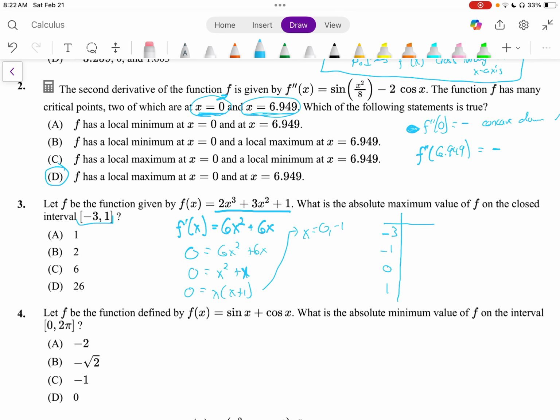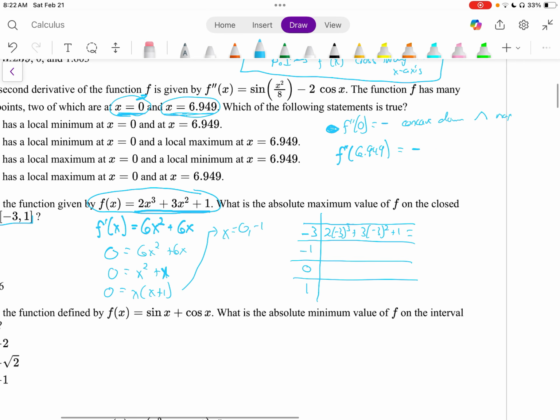We're going to put each of those numbers into our original function to find out what the absolute maximum is. This is not a calculator question, so we have to plug into the original function. Putting -3 in, this is 2 times -3 cubed. Depending on your arithmetic skill, you can do this quicker. -3 cubed is -27, times 2 is -54.